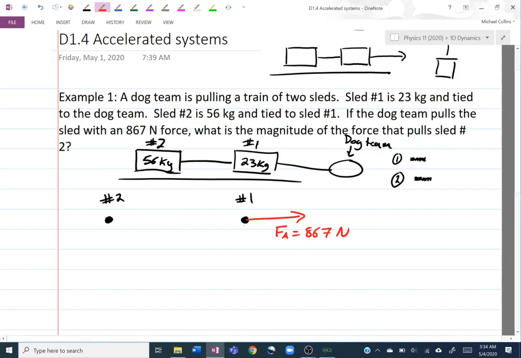I'm going to add my easy forces. I've got an FG going down here, an FN going up on sled number one, an FG going down on number two, and also an FN going up on number two. You'll notice now we're going to run into some issues. Neither of these sleds have the same masses, but we have two FGs and two FNs.